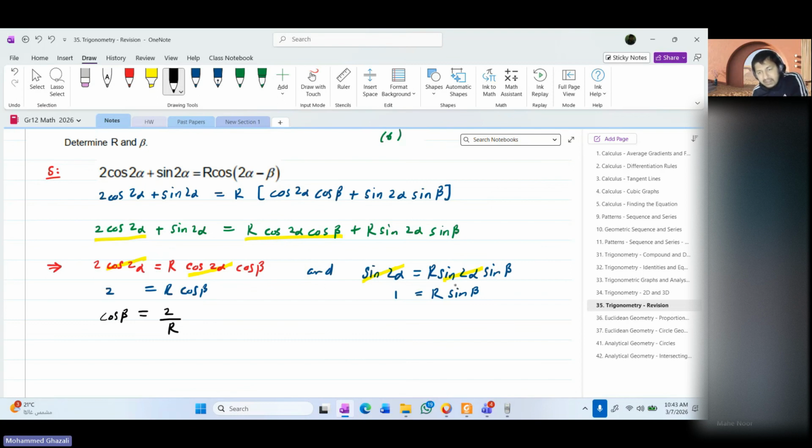And this one is telling me that sine of beta is equal to 1 over r. We should work with one of the equations. Let's draw a triangle for this.